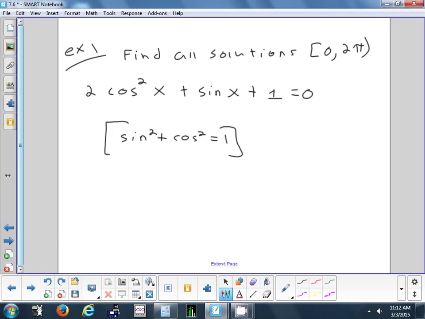Okay, Joe, in that identity, is there anything there out of those three parts that appears up above it? Cosine squared? Yeah, the cosine squared. The 1 does too, but leave the 1 because that's the constant. Okay, Cody, what's cosine squared if you solve it in that trig identity?